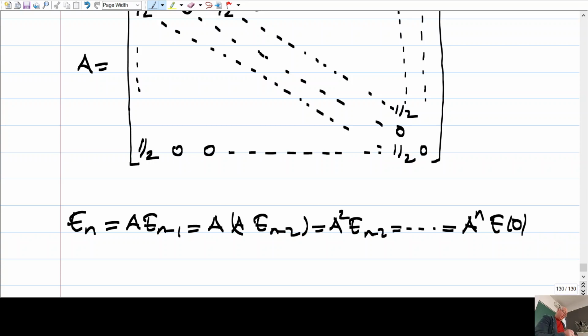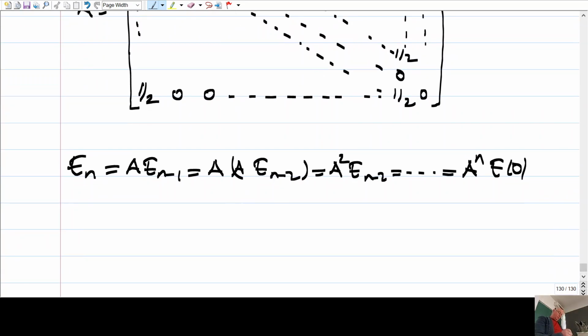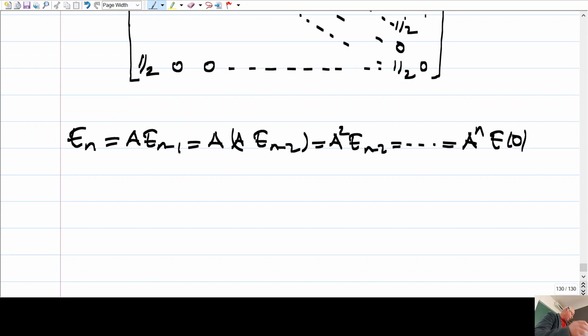If I can calculate the nth power of this and multiply with this, I will get all the probabilities. Of course, it's not an easy task to multiply the matrix n times, but there is the following fact. Maybe computing the nth power is not easy, but computing all of them and adding them up is easy. Let me write the conclusion here.